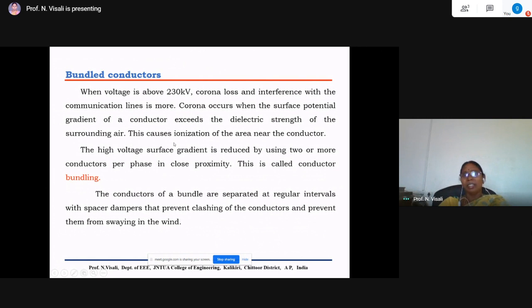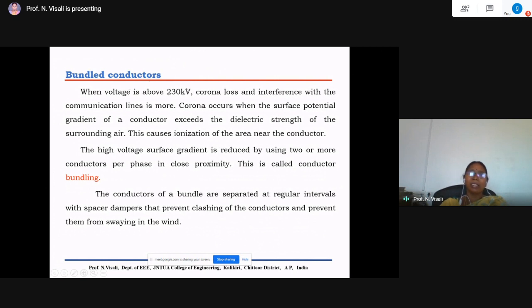This causes ionization of the air near the conductor, so the surrounding air is ionized and acts as a conductor. Because of that, nearby conductors will have a problem, and interference will be there.